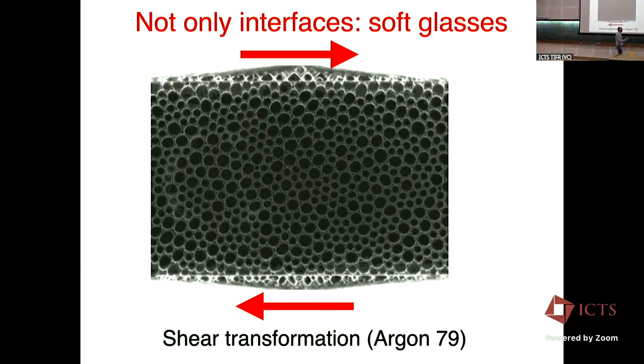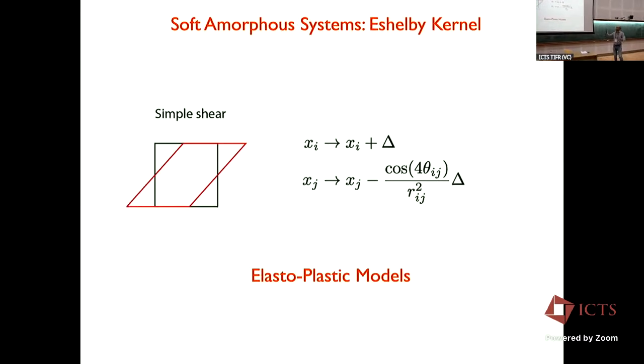The only difference, what is tricky in this system, is that you have to do mechanics, which is something difficult. So this is the example. You are shearing the material. And the only difference in the model is this one. There is a site that becomes unstable. As before, it jumps, it gets restabilized by delta. You can put 1 plus k0 if you want. And then all the others receive a kick. But now the problem is that deriving these kicks, which is what is called the Eshelby kernel, is quite difficult, okay?